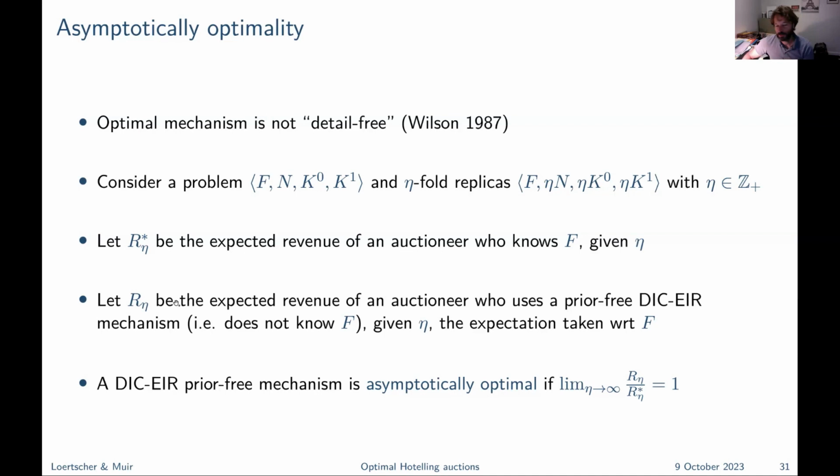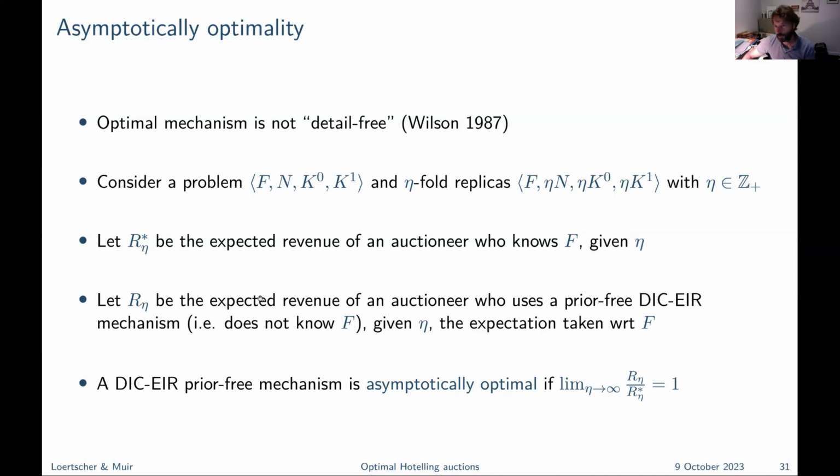And R eta is the expected revenue of an auctioneer who doesn't know the distribution F and uses some prior-free mechanism given eta. And here the mechanism is going to satisfy dominant strategy incentive compatibility and ex post IR, which is the natural notion of equilibrium if you do not know the distributions.